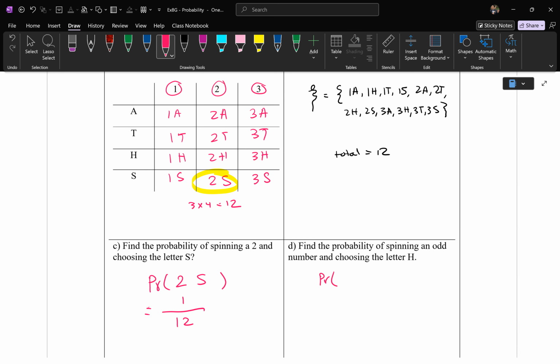What's the chance of spinning to get an odd number, kind of similar to the one I asked before, and then getting an H? So again, you've got 12 possibilities. How many are odd and also H? So this is H. Which ones?